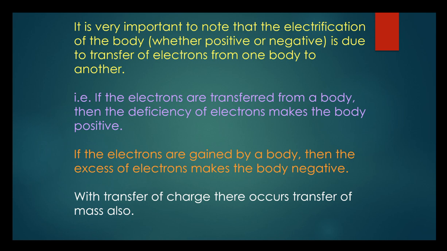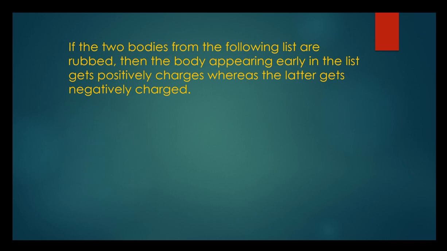If there is a transfer of electrons from one body to another, not only does the first body lose electrons and acquire positive charge, but it also loses some amount of mass. So in charging by friction, in charging by rubbing, the one which gets positive charge loses some mass, and the one which gets negatively charged gains some mass also.